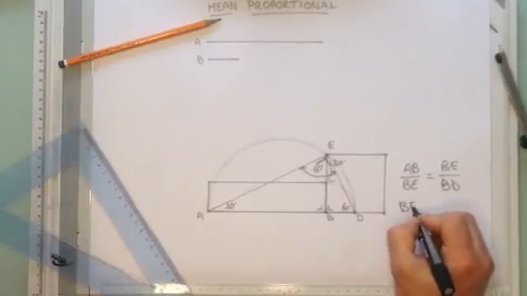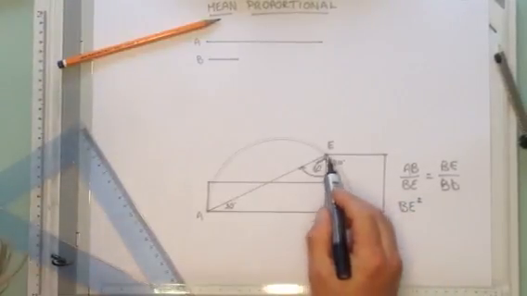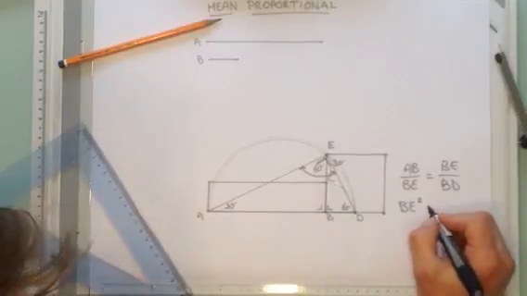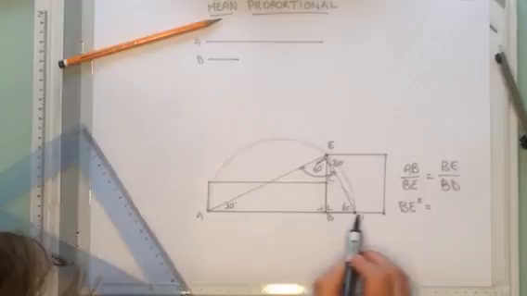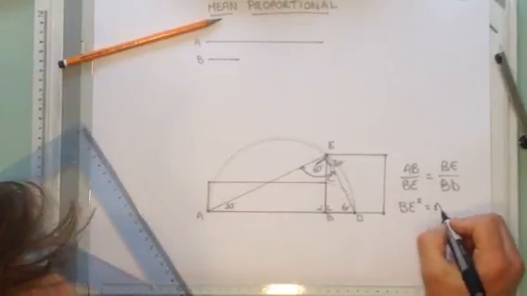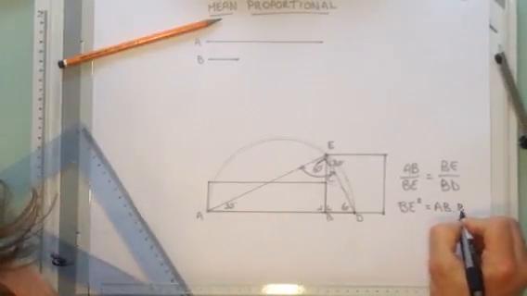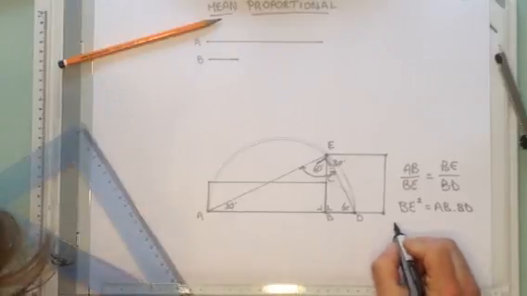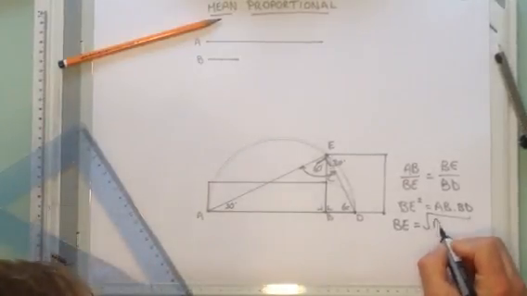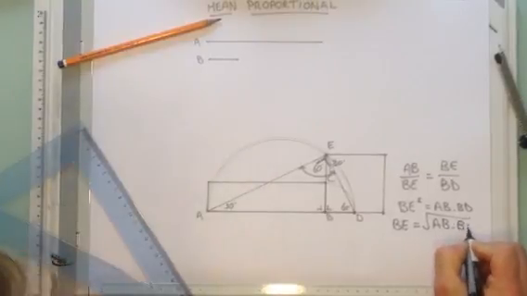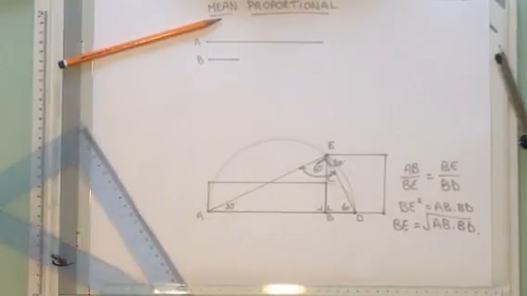So BE squared, basically that square there, is equal to AB times BD. So AB times BD, which is the rectangle. So basically that gives me the line BE is the square root of AB times BD. And this explains the mean proportional.